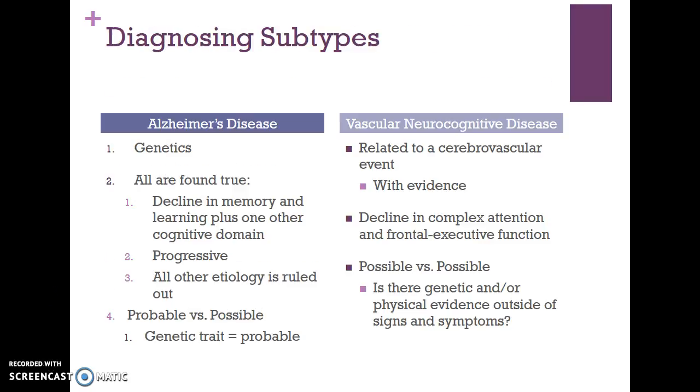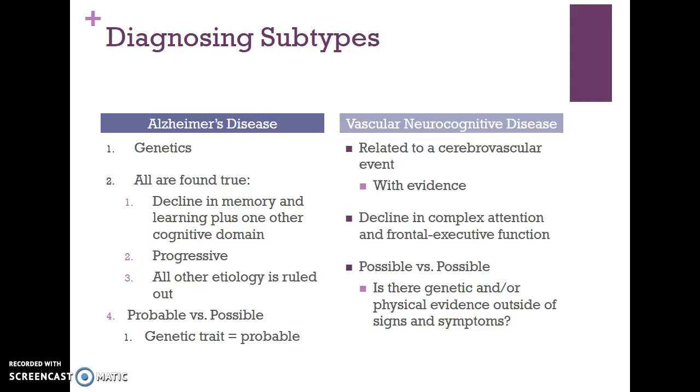So when assessing someone specifically for a neurocognitive disorder or dementia, there are, as mentioned before, several subtypes. These subtypes are distinguished on the basis of a combination of time course, characteristic domains affected, and the associated symptoms.